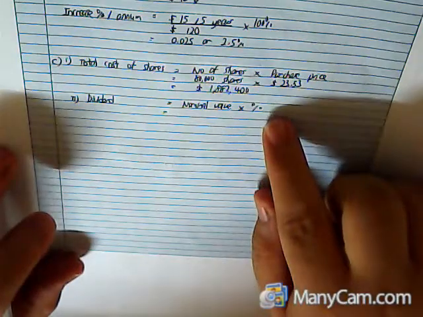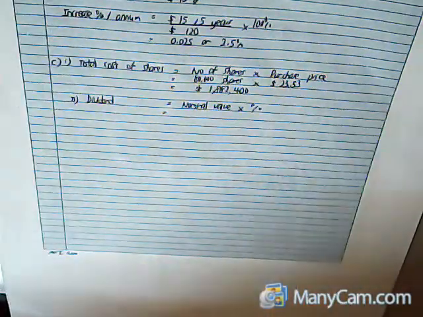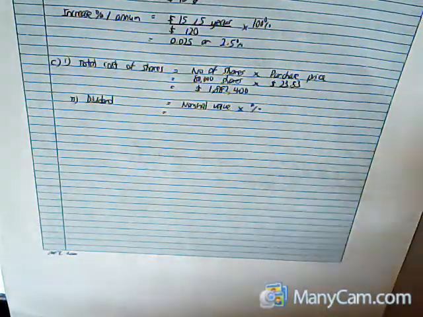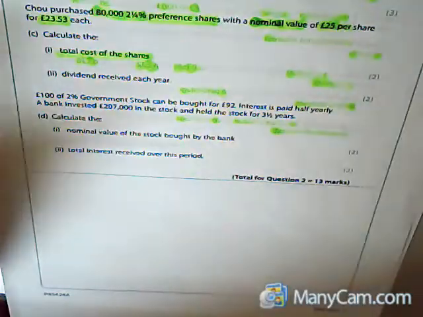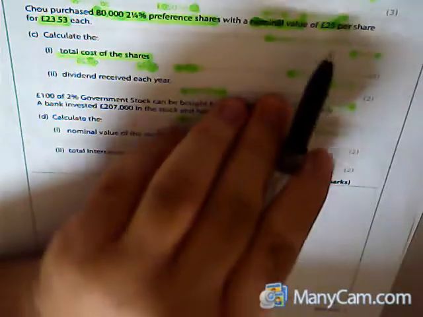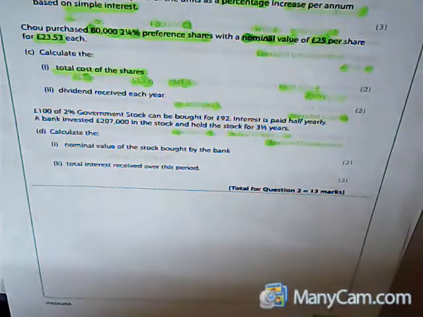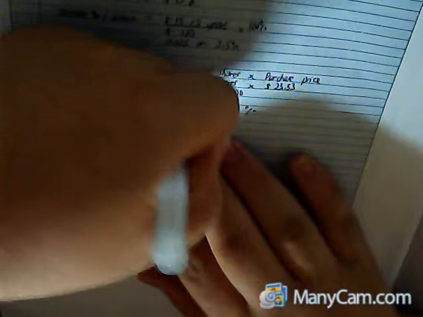Then the formula should include the small n. Right now there is no need, because you want the amount per year, right? How to get the nominal value? I think the question mentioned it, right? The nominal value per share, is it 25 in the question? Yes, right. So I know that 25 is the par value per share.